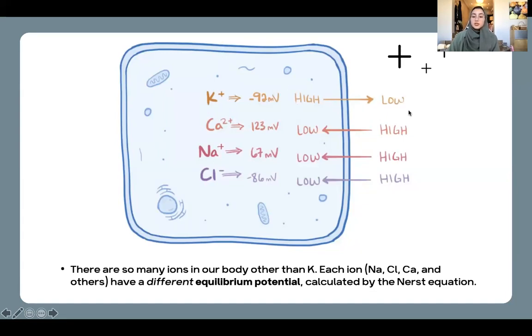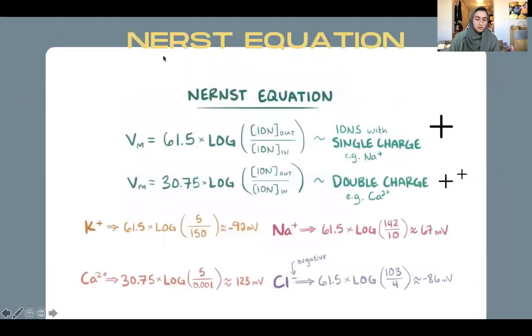So because it wants to go out, you're losing positive charges, meaning it has a negative equilibrium potential. As for calcium and sodium, you're gaining positive charges, meaning it has a positive equilibrium potential. And for chloride, it's going in, but you're gaining a negative charge, so it has a negative equilibrium potential. Okay, and so again, each of these is different depending on the ion that we're talking about.